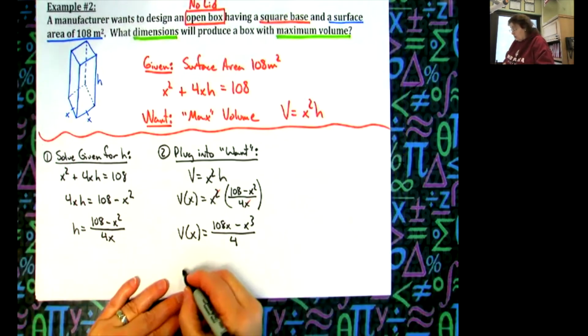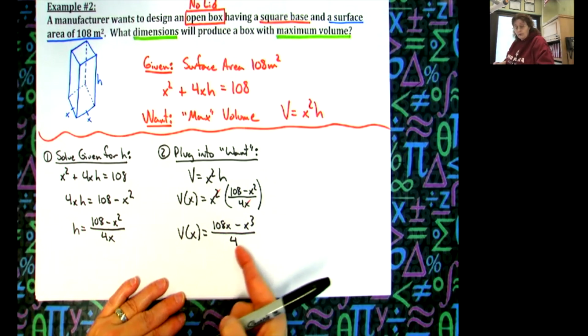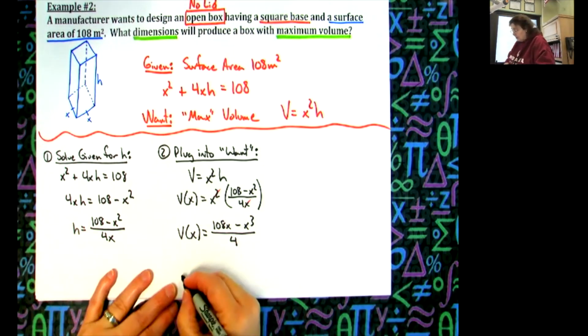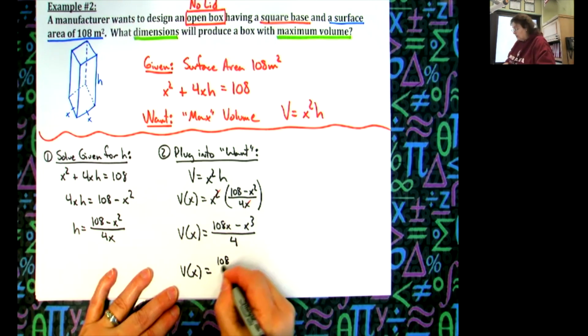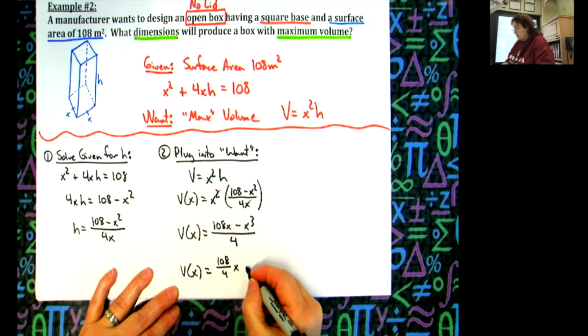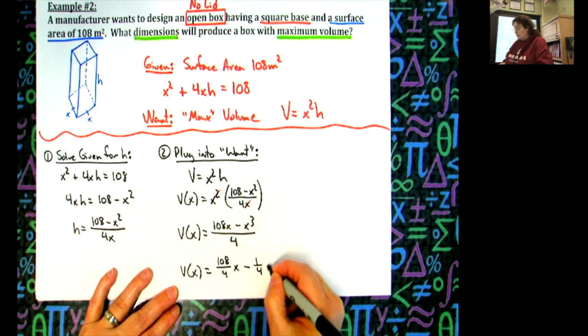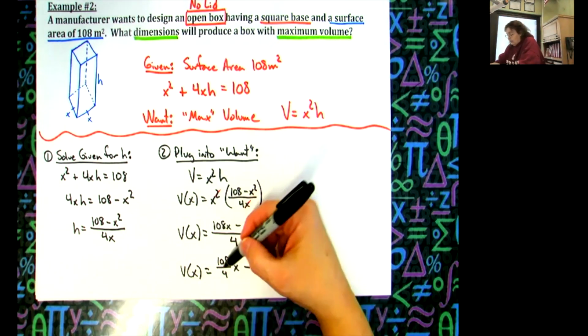Okay. So I've got subtraction on the top and I'm over 4, can't I break that up into 2 fractions that are being subtracted? Okay, so v of x, couldn't I have 108 over 4x minus, write this as a coefficient, 1/4 x to the third. Everybody see what I did there? I just broke that up into 2 fractions. I used the 108 and the 4 as coefficient.